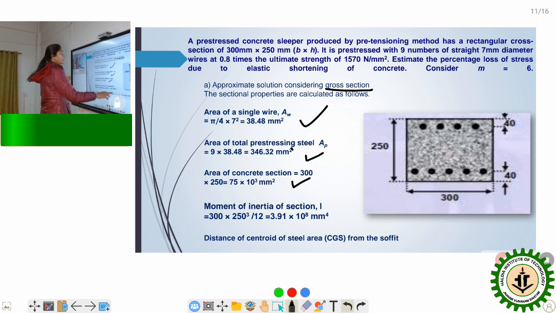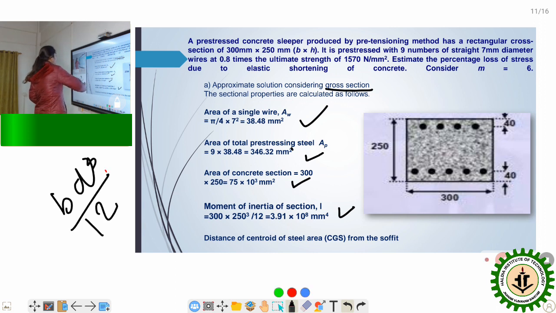Now the moment of inertia, which is BD cube by 12, we get 3.91 into 10 to the power 8 mm to the power 4.